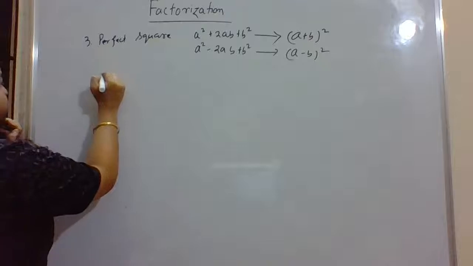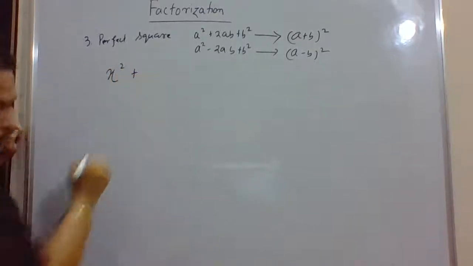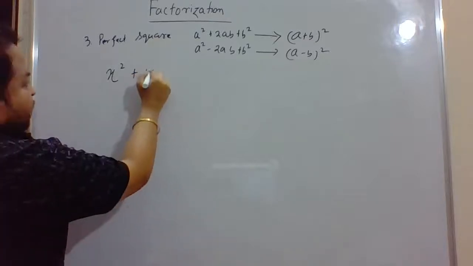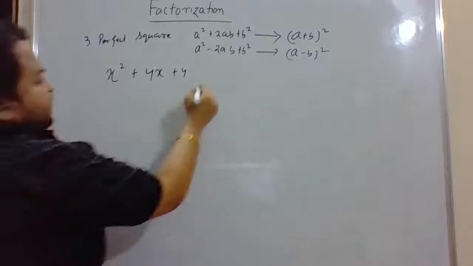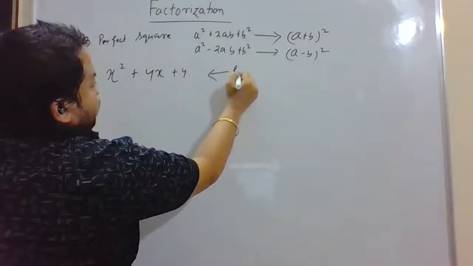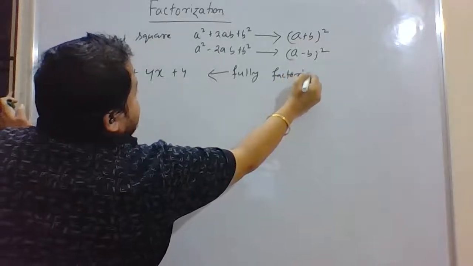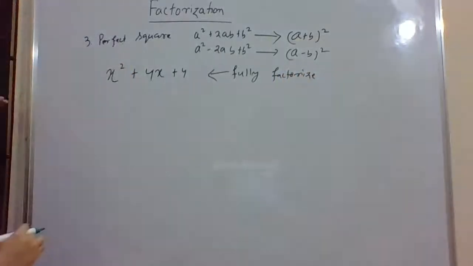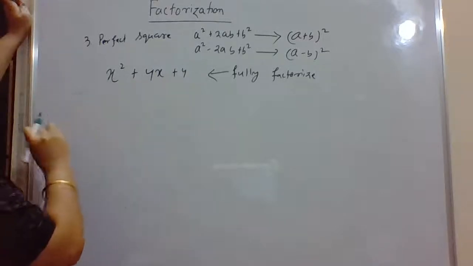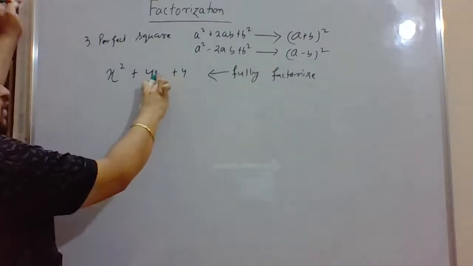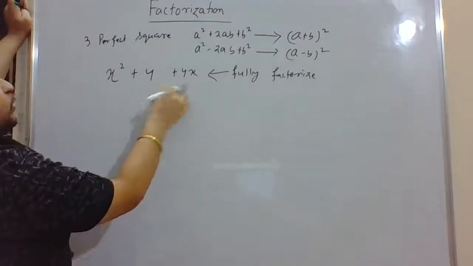Suppose you get this problem: x squared plus 4x plus 4, and in the exam it has been asked to fully factorize this one. Sometimes in an exam they may even give it like this: x squared plus 4 plus 4x.